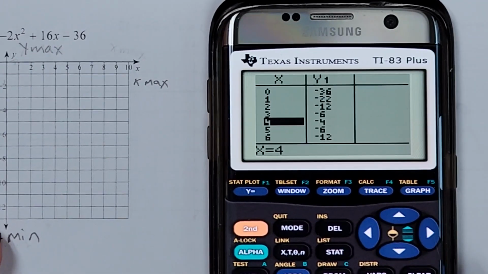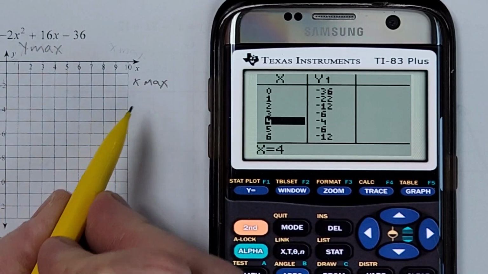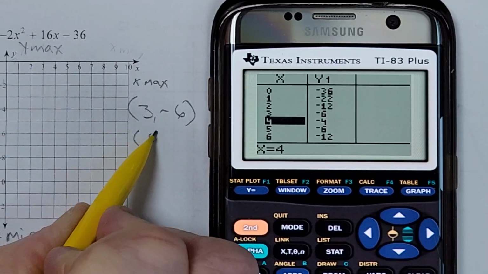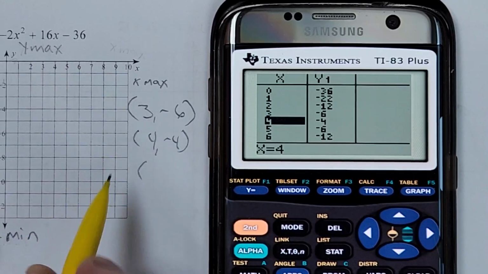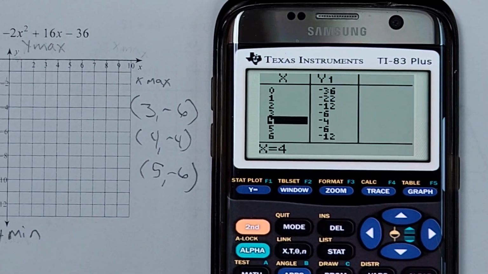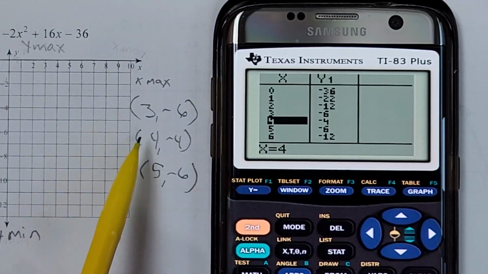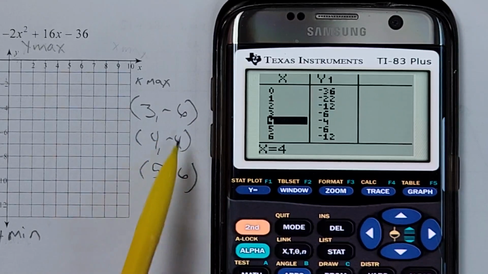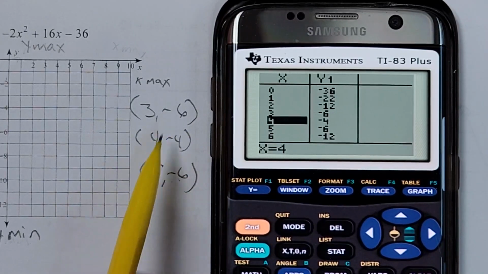So we're going to write all those down. So we've got 3, -6, 4, -4, and 5, -6. Hopefully we're starting to see a pattern that these 3 numbers are right in a row, and these 2 numbers are identical if we did it right.